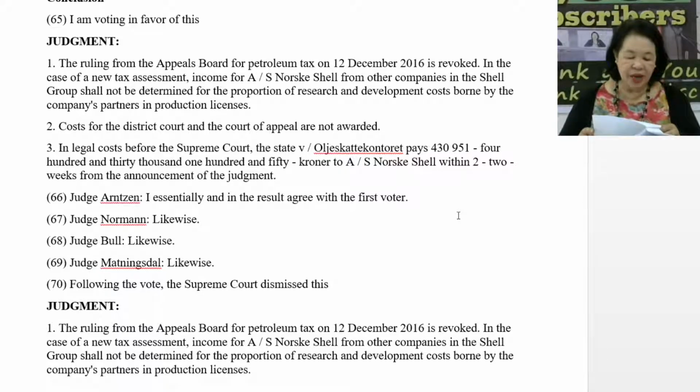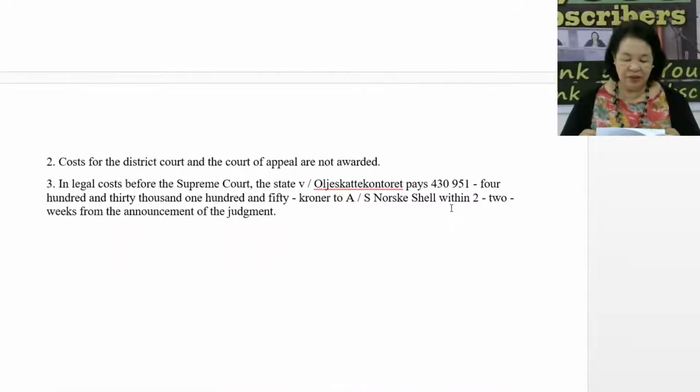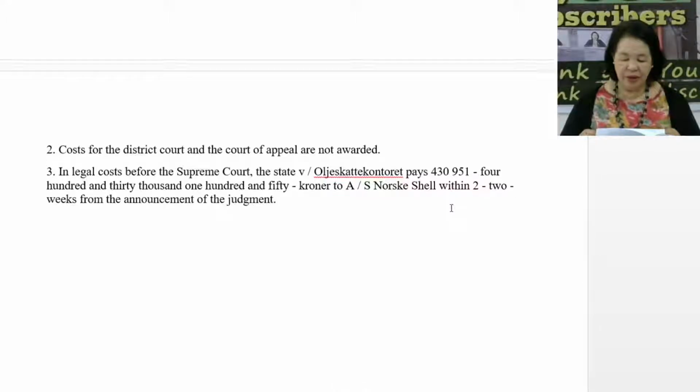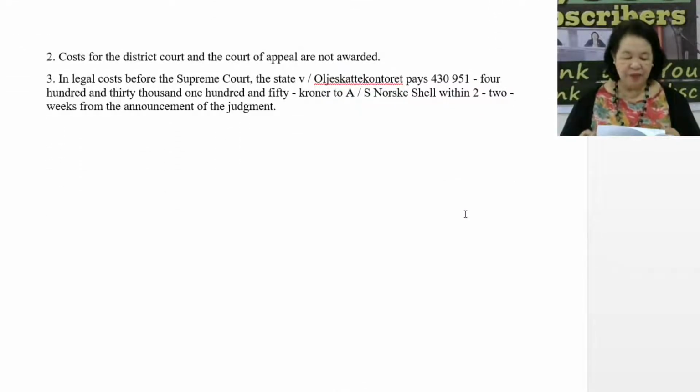In the case of a new tax assessment, income for Norske Shell from other companies in the Shell Group shall not be determined for the proportion of research and development cost borne by the company's partners in production licenses. Cost for the District Court and the Court of Appeal are not awarded. So, hindi rin award. In legal cost between the Supreme Court, the state pays 430,951 kroner to AS Norske Shell within 2 weeks from the announcement of the judgment.